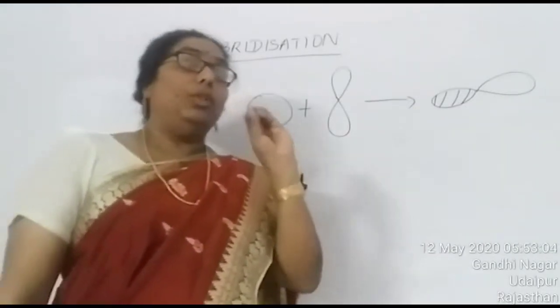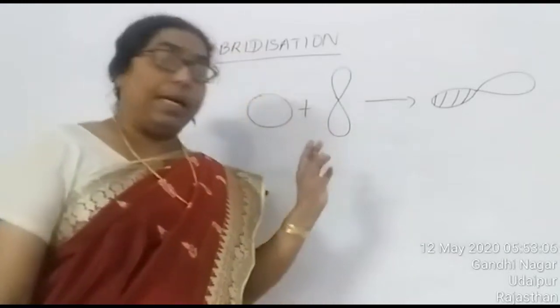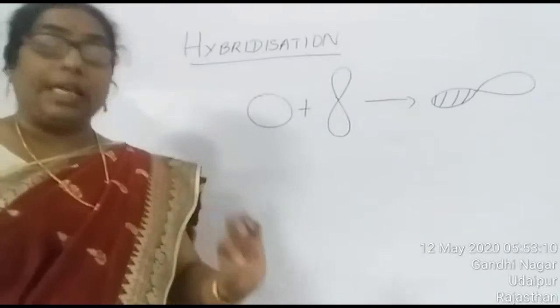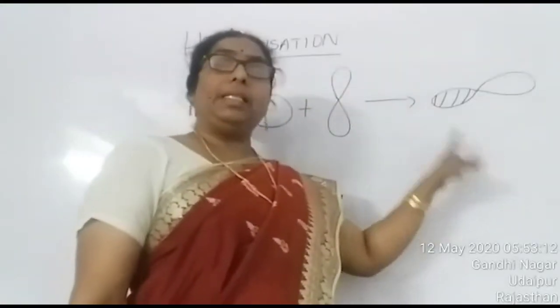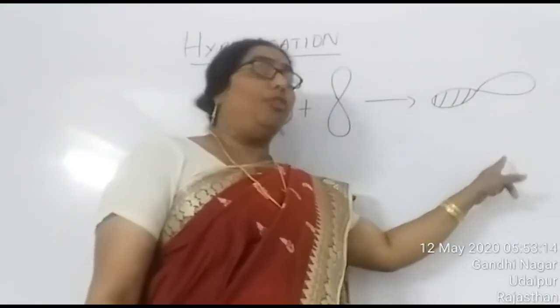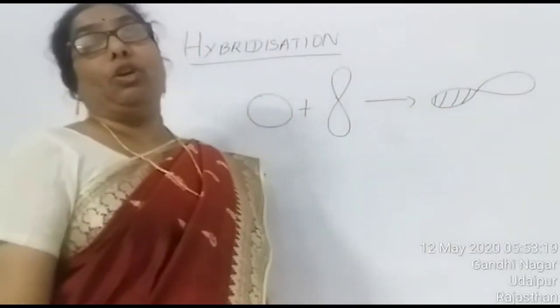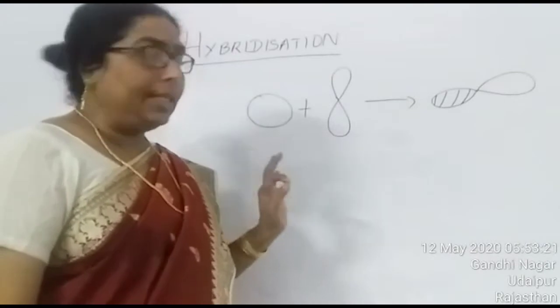We have seen that the orbitals which undergo hybridization should differ in their energy as well as shape. After hybridization, you will get an equal number of orbitals which have identical shape, and their energy will also be the same. Is it clear?